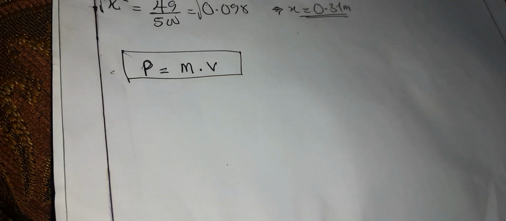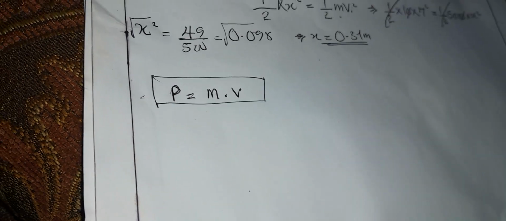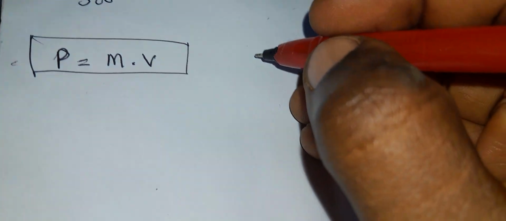Question 9. How long will an average braking force of 2000 Newton take to stop a 2000 kg car traveling with an initial velocity of 10 meter per second? Let's take in our parameters.